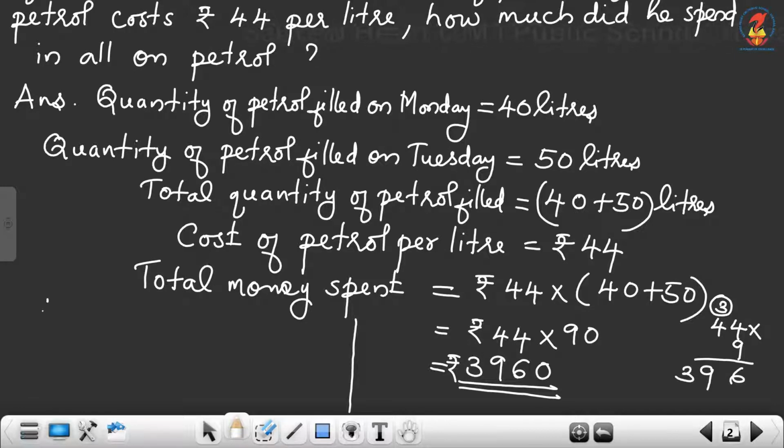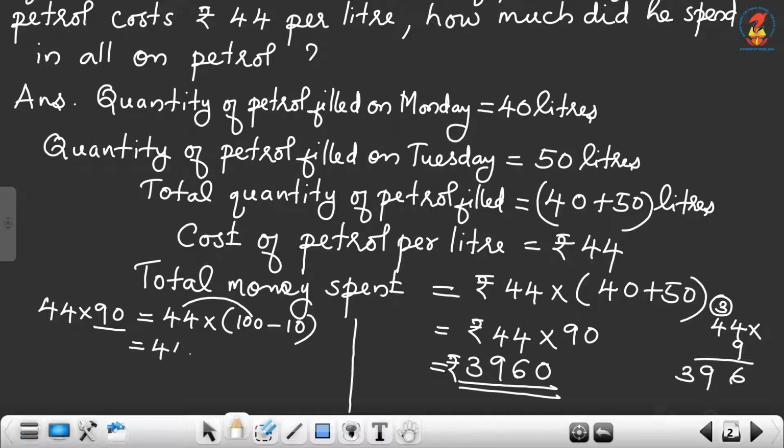Now, the calculation 44 into 90, we can do it in another way also. This 90 we can write as 44 into 100 minus 10, so we can apply the distributive property, A into B minus C, multiplication over subtraction.